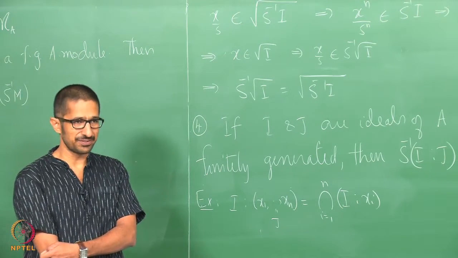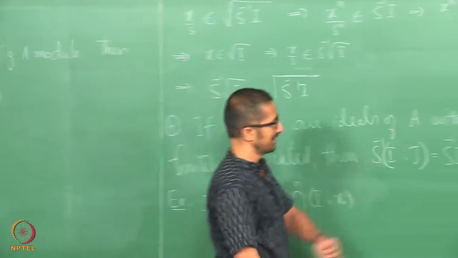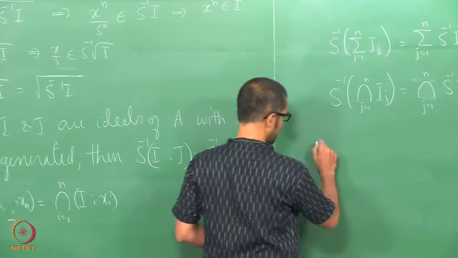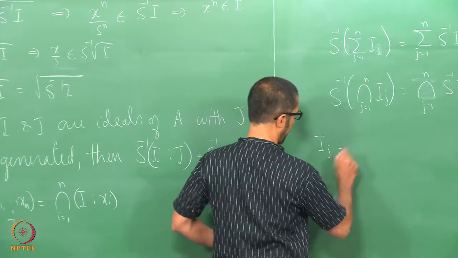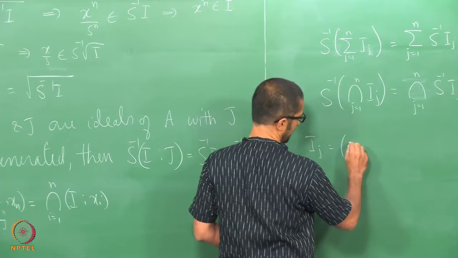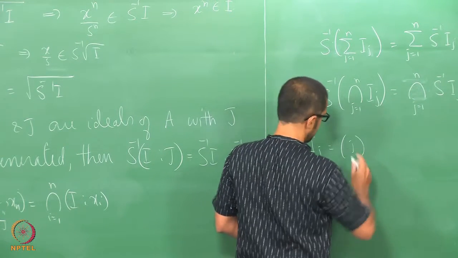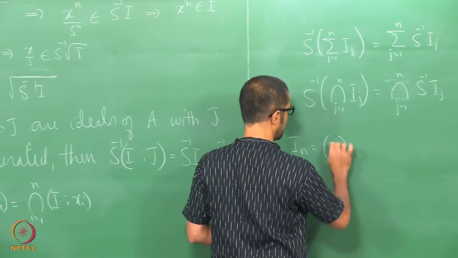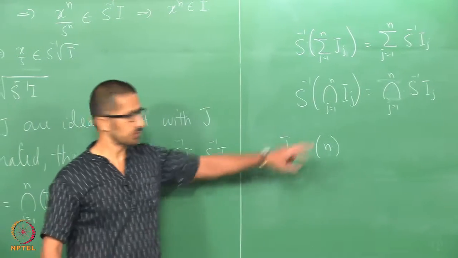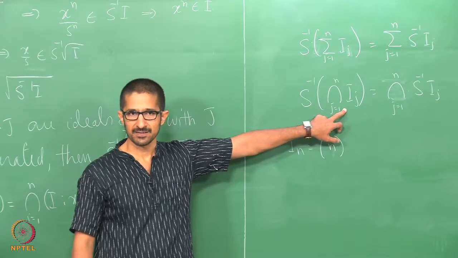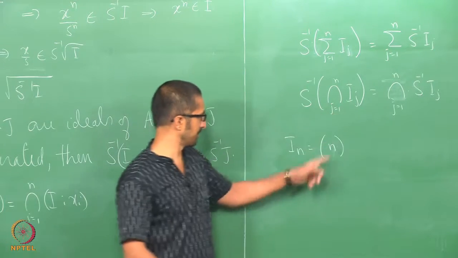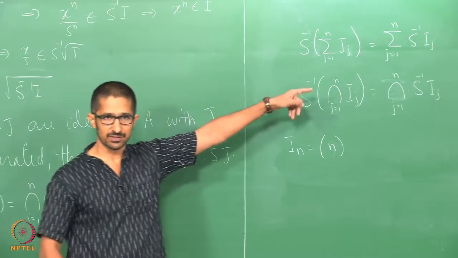In Z, you take A equal to Z. What is I j? Maybe I n is the ideal generated by n. What would the intersection over n from 1 to infinity be?